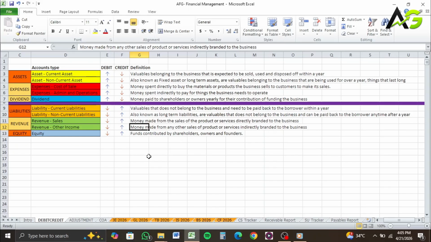It can also be things like discount received. If you work for a company that is selling TVs, different types of TVs, Samsung, Hisense, anything, and the company wants to buy particular types of, maybe, LG TV, the company calls LG and says, I want to buy 10 TVs from you, right?